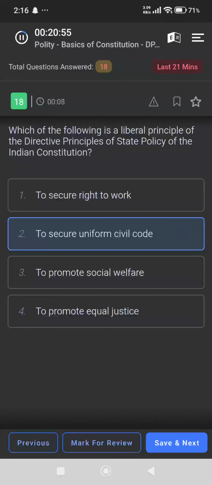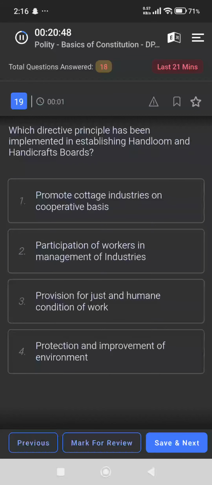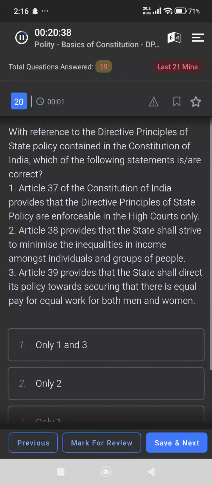Which of the following is a liberal principle of DPSP? To secure a uniform civil code. Which directive principle has been implemented in establishing the Handloom and Handicraft Board? Promote cottage industries on a cooperative basis. Which of the statements are correct?